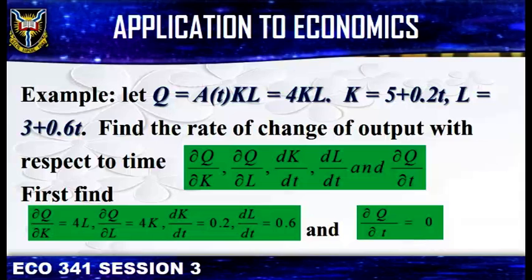Partial dQ partial dK is equal to 4L. Partial dQ partial dL is equal to 4K. dK dT is equal to 0.2. dL dT is equal to 0.6. And partial dQ partial dT is equal to 0.